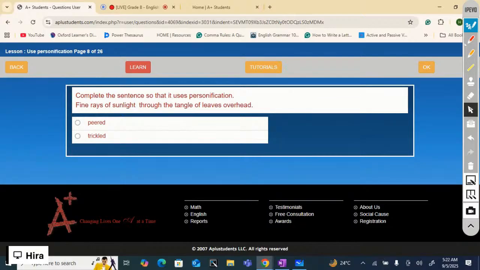"Fine rays of sunlight peered through the tangle of leaves overhead" or "trickled through the tangle of leaves overhead." Peer is a verb, and it means to look closely or carefully at something when you cannot see it clearly.